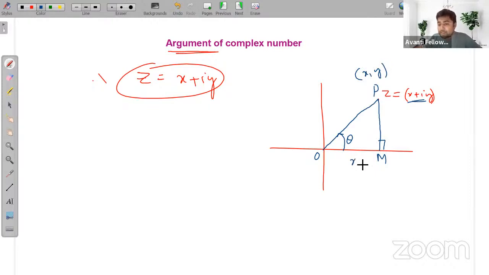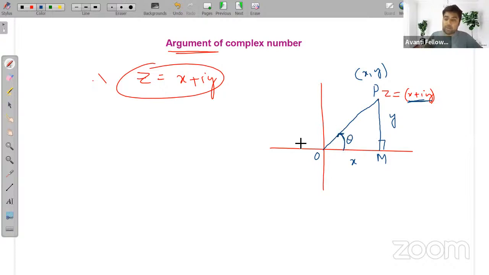Then this is my x unit and this is my y unit. So what is the argument here? The argument is actually my theta, because the complex number makes an angle theta with the positive x-axis.